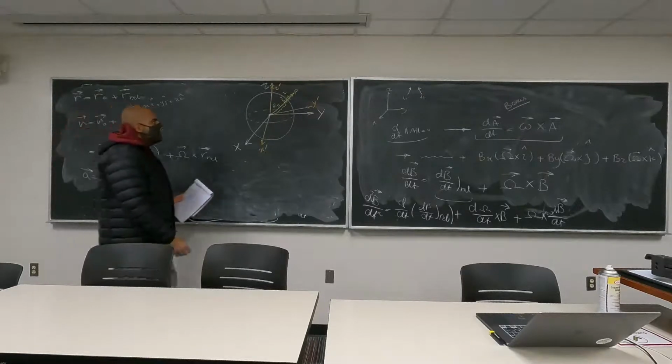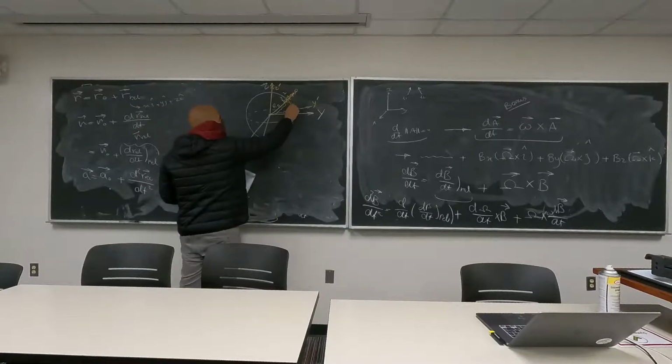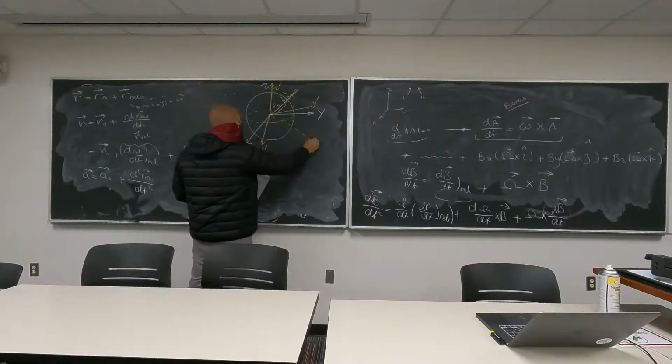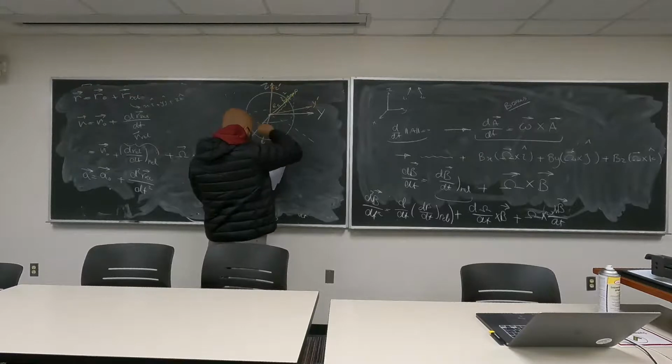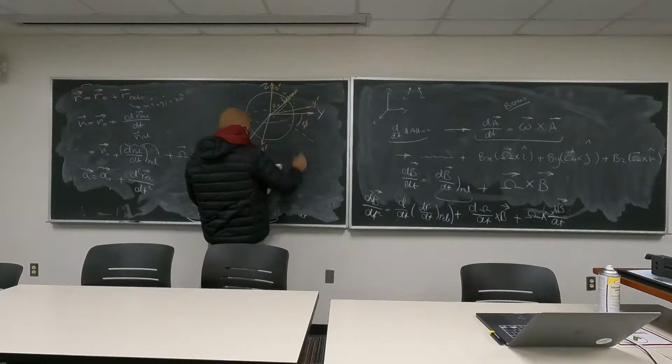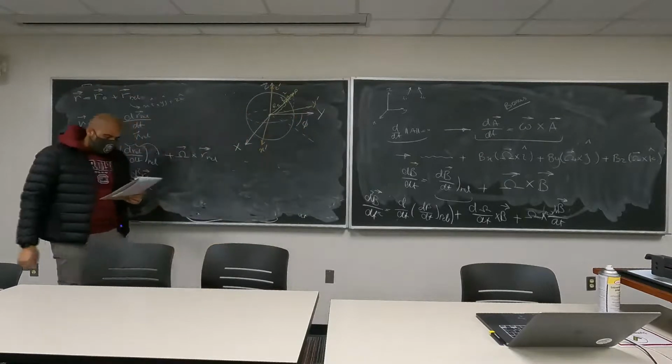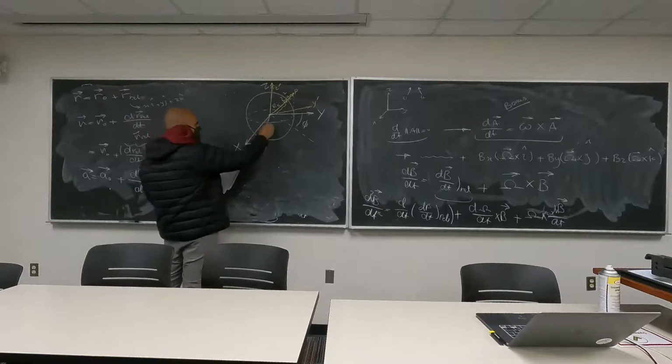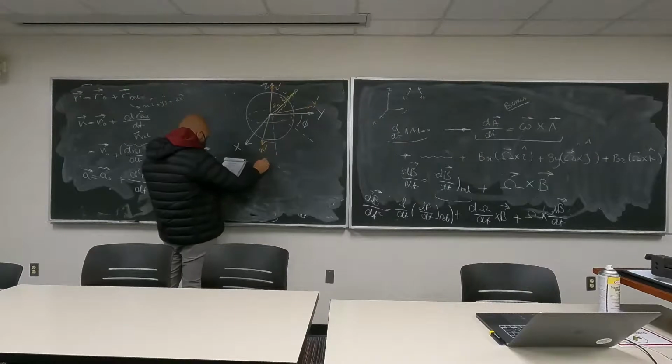The projection of this here is going to give you the north latitude, phi, and the projection on this axis is going to give you the angle lambda, which is called the east longitude.